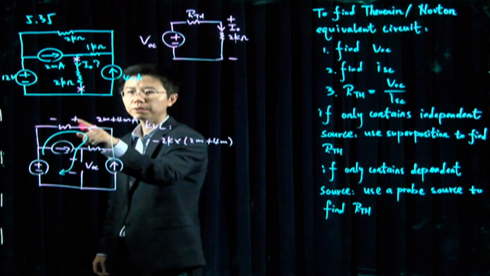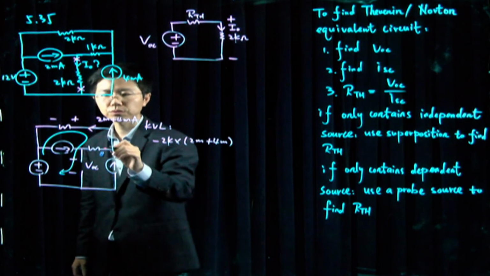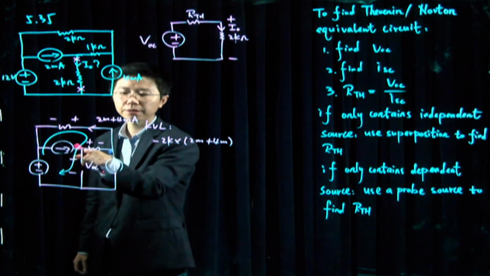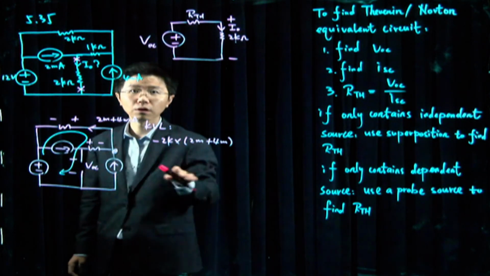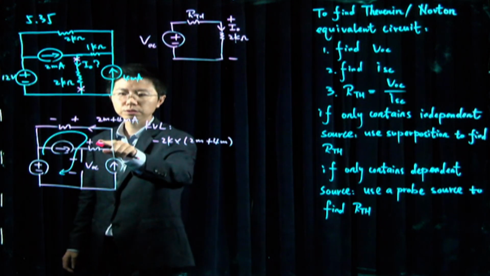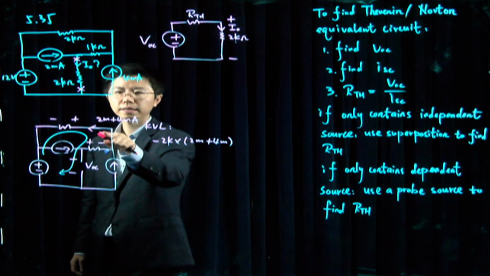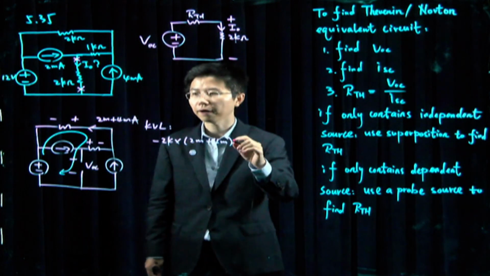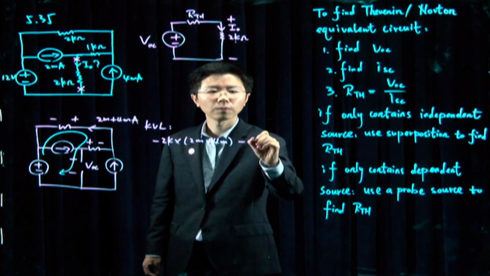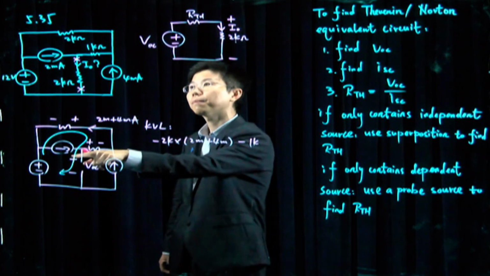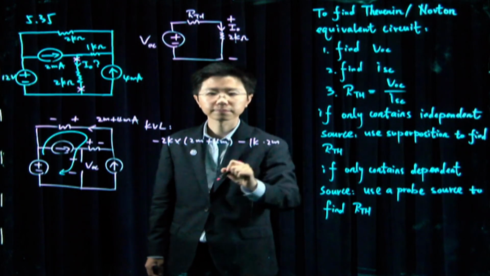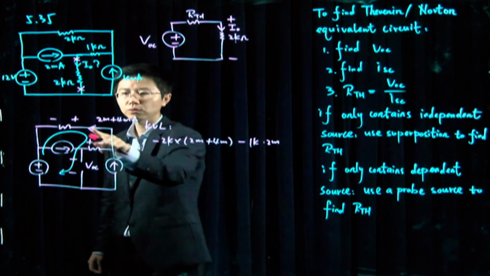And then coming to this one here, if I'm assuming my reference direction is this one, notice the current is entering my positive terminal following the passive sign convention. Then if I'm traversing this loop in this way, this again is a negative value. So I have negative 1K multiplied by the current here. And continue with my loop here.